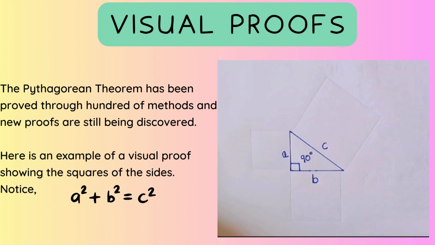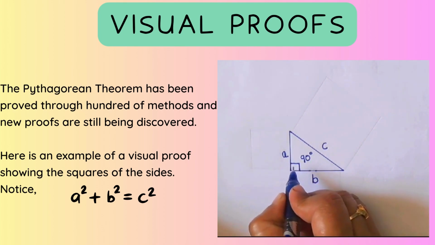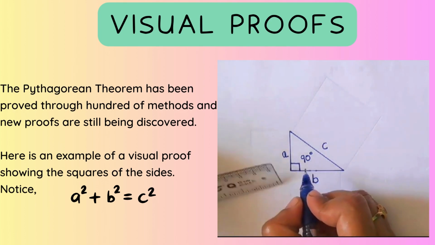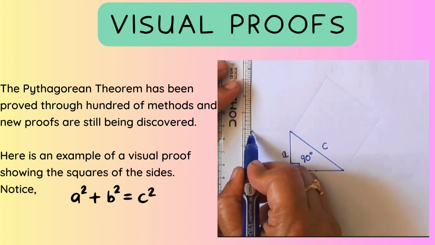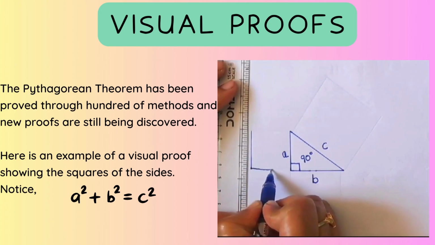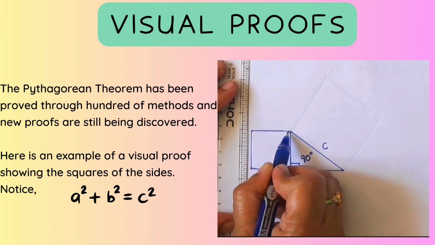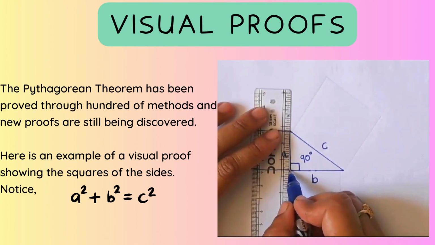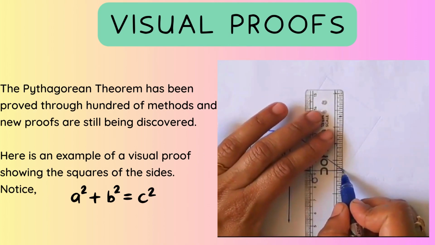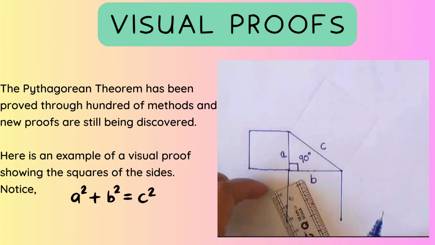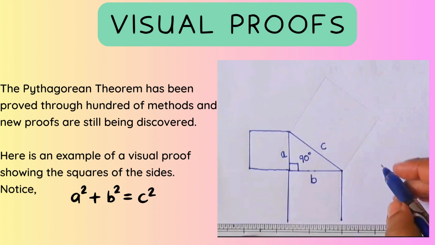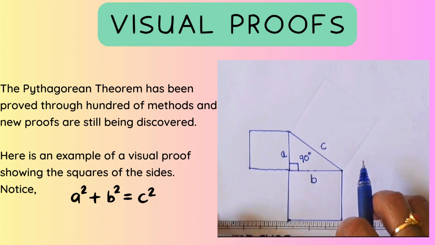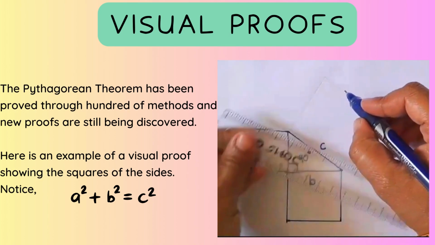The rule that says for a right-angled triangle, the square of one side plus the square of the other side is equal to the square of the hypotenuse.